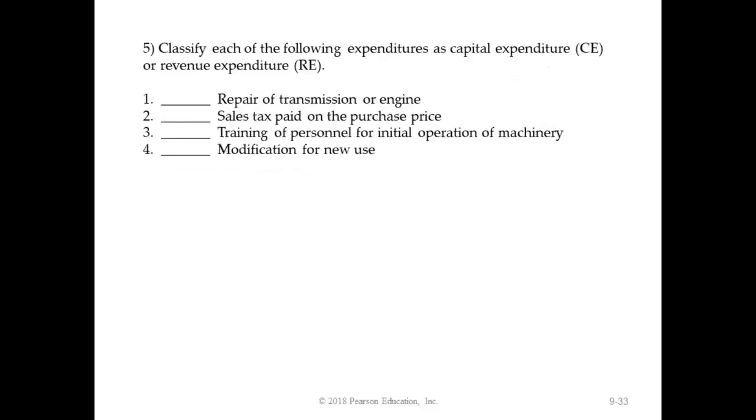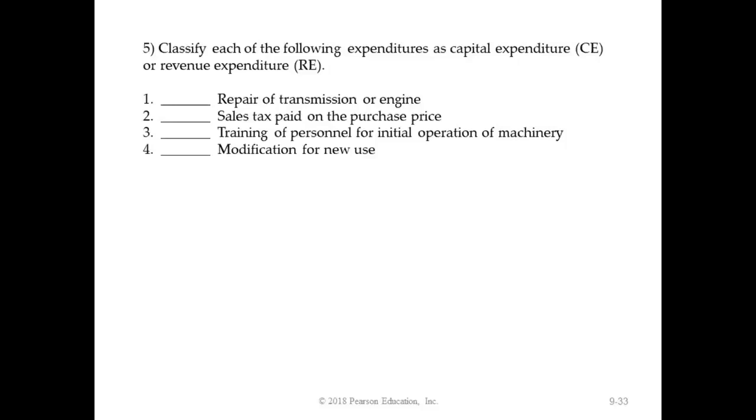And then classify each of the following expenditures as capital or revenue expenditure. The repair of transmission or engine, this one is a repair expenditure. Sales tax paid on purchase price, that's a good one. On the purchase price, that's going to be a capital expenditure.